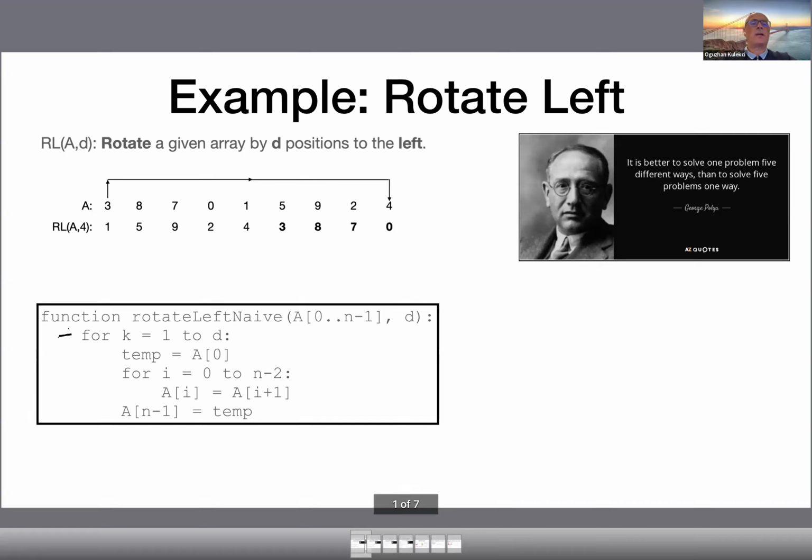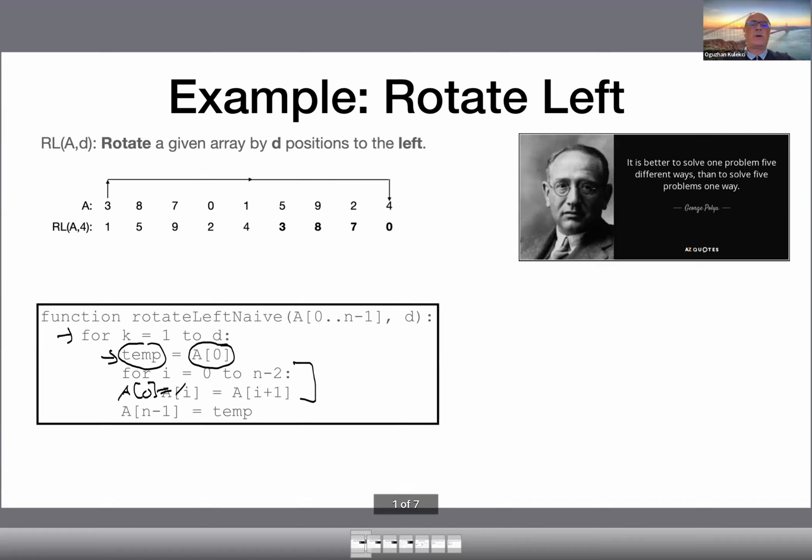So it says for k equal to 1 to D, just save the first position in a temporary place. That's a temporary storage, because we will be overwriting that A0 very soon. And then what I will do is shift all the remaining elements to the left by 1. Let's see, so when i is equal to 0, what will happen?